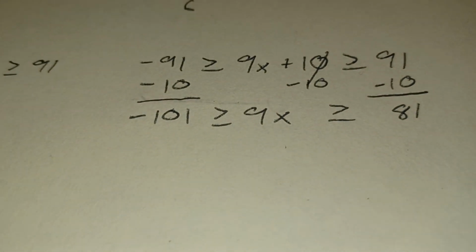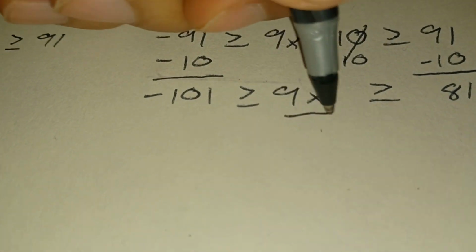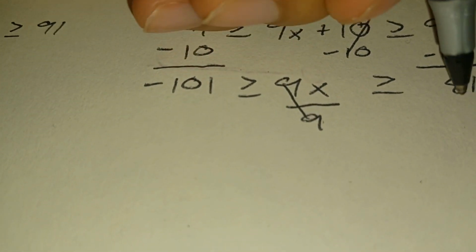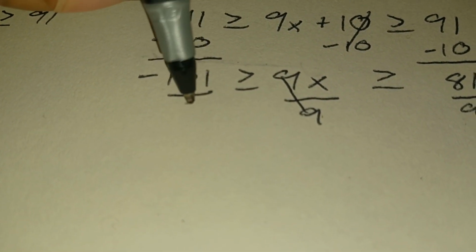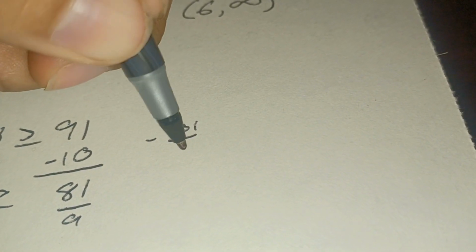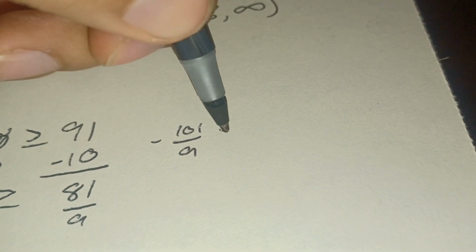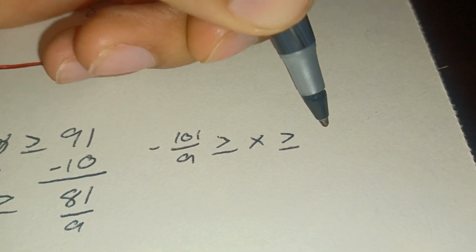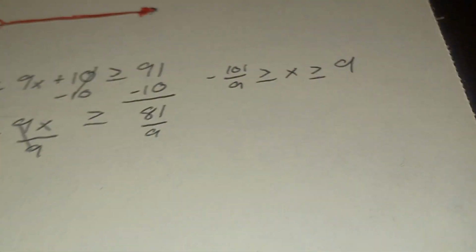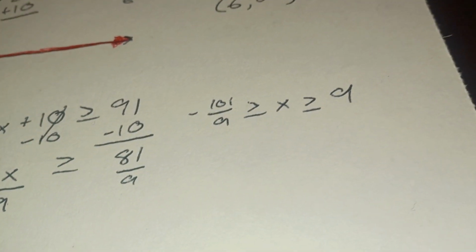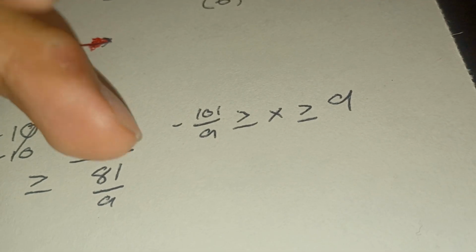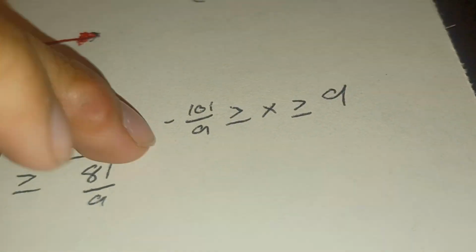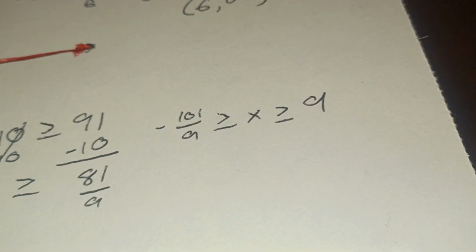So again, you divide by 9 because you want to leave x by itself. Divide by 9, divide by 9. Negative 101 divided by 9 is roughly equal to negative 11.2, I believe, but we're just going to leave it as a fraction for now.